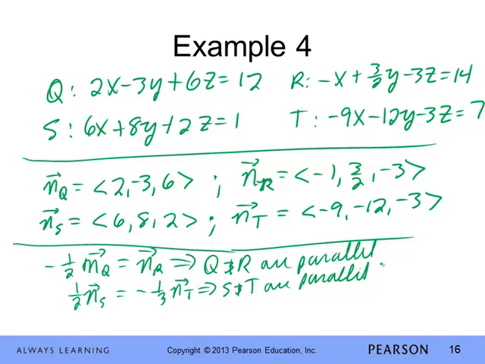Okay? And also n sub r, because n sub r is parallel with n sub q, it's going to be orthogonal to n sub s and orthogonal to n sub t.